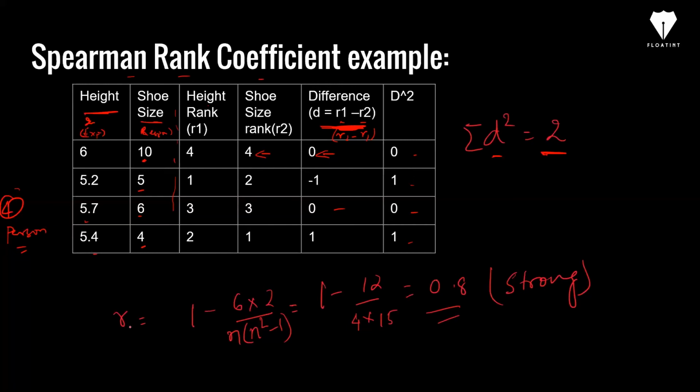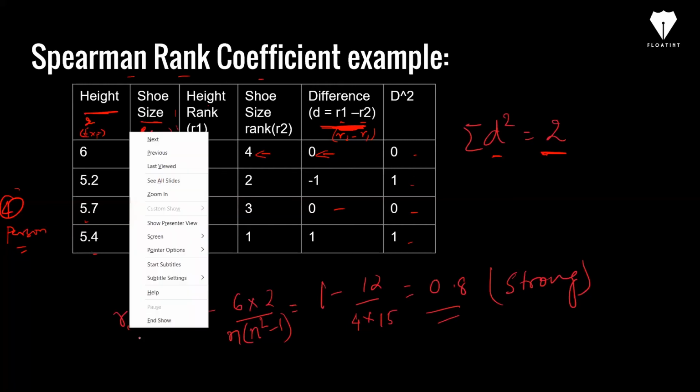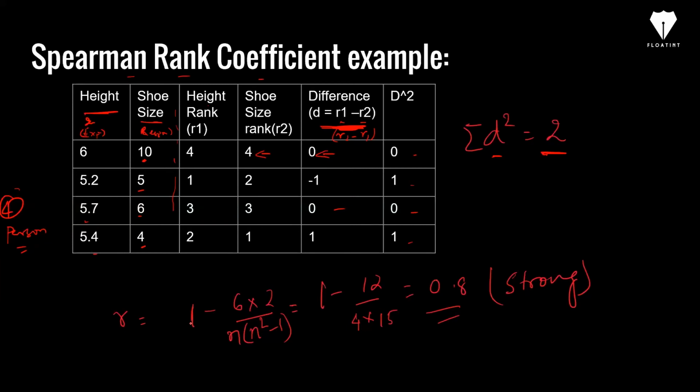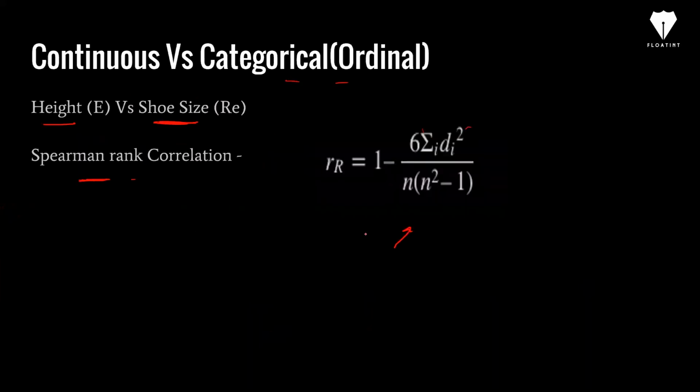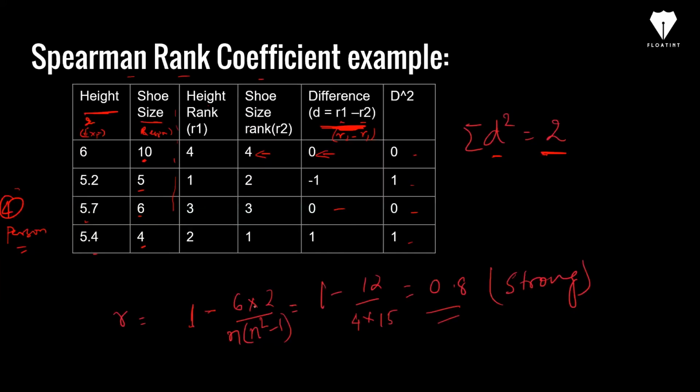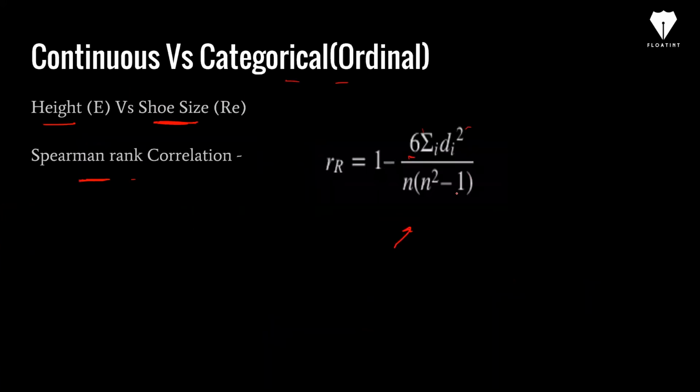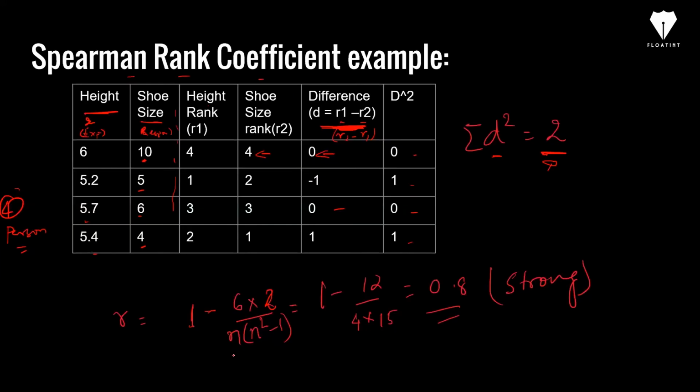Now if I want to calculate the correlation here, what I have to do is 1 minus 6 multiplied by 2, this value, and then n into n square minus 1. So what is this n here? N is the number of samples, or better you can say the number of observations.